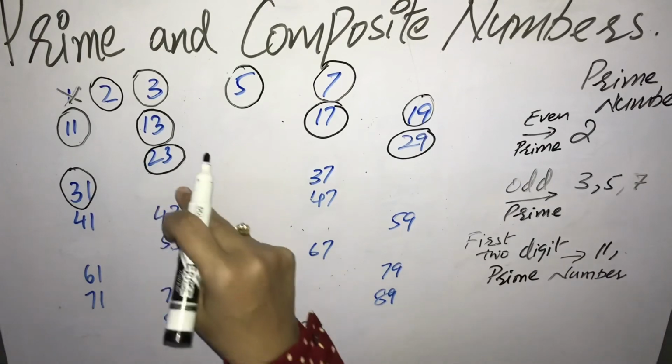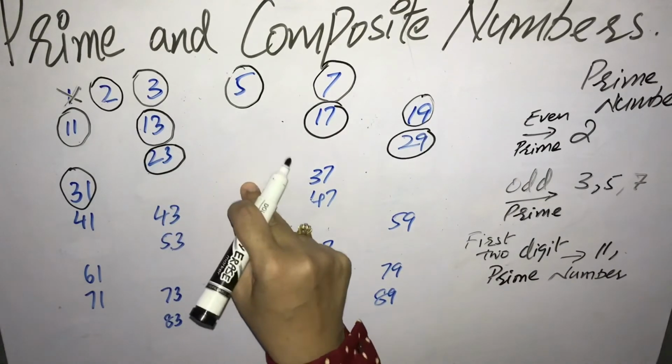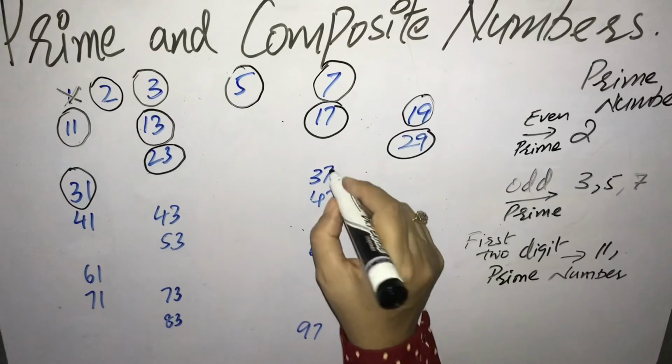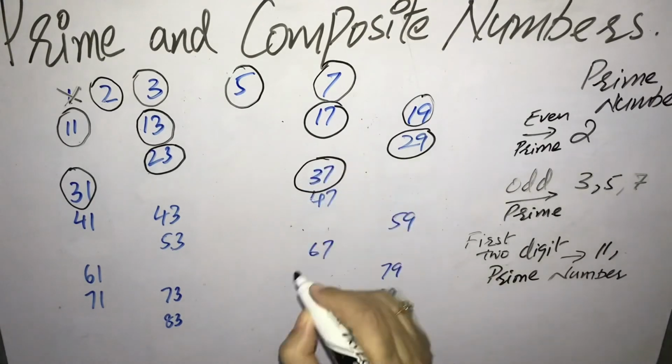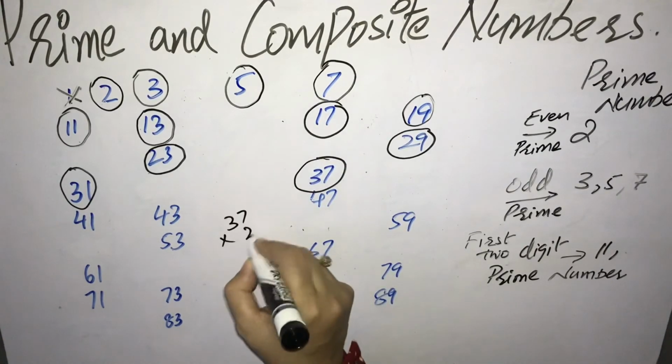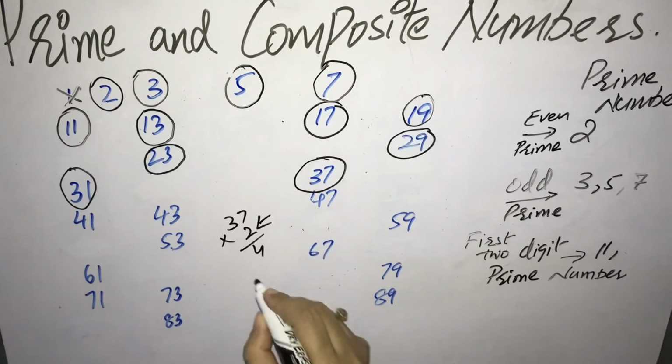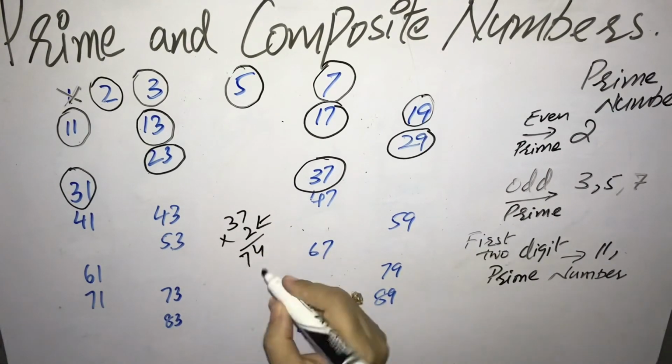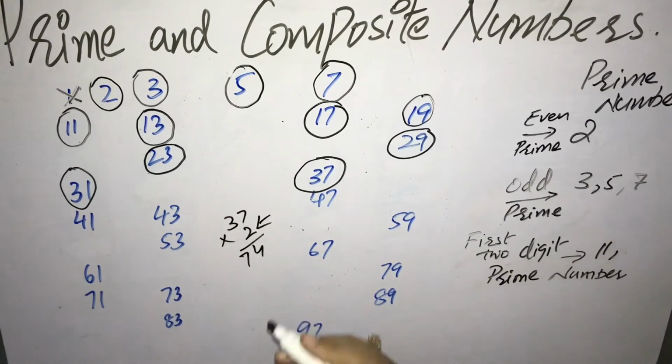33 multiple of 3, 34 even. 35 multiple of 5, 36 even. 37, yes, it is prime. 37 multiplied 2 is also an even number, and it is in the table of 2, so it's composite.